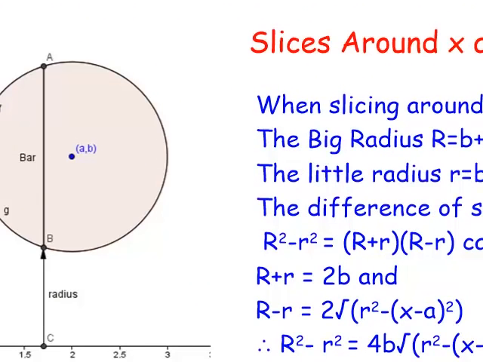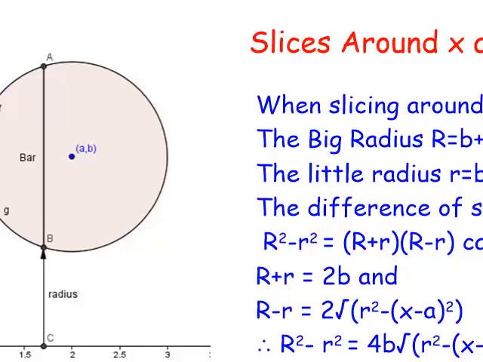If we want to slice around the x-axis, first of all we put the bar in, and you can see it's perpendicular to the x-axis in this case. The bar has a couple of different radii. Its height is going to be the difference in the two radii, and we'll be using that for shells.